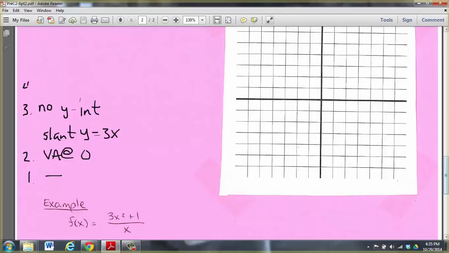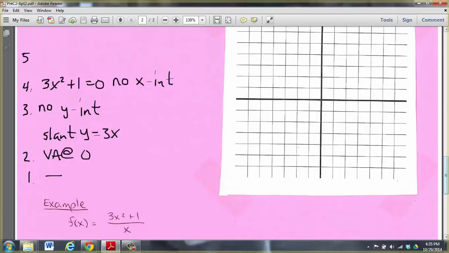4, set the numerator equal to 0. 3x squared plus 1 equals 0. And you should recognize that if you were to do that, you would end up with imaginary numbers. So there is no x-intercept either. 5, where should we test?